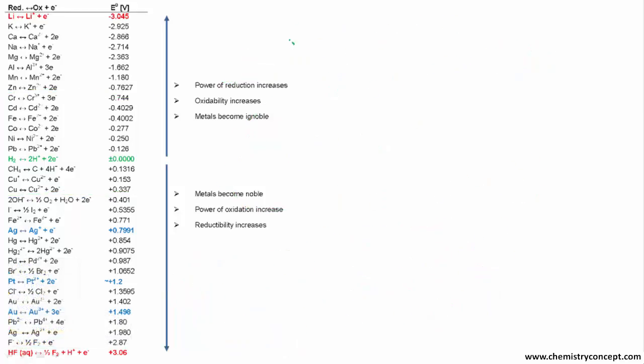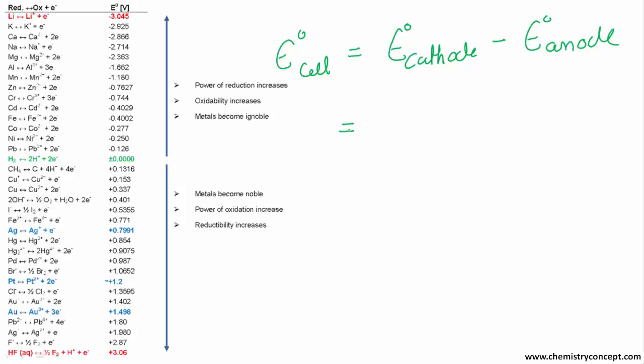If I want to know the cell potential, that would be the standard reduction potential of the cathode minus the standard reduction potential of the anode. The cathode was copper 2 positive to copper, and the anode is zinc 2 positive to zinc.